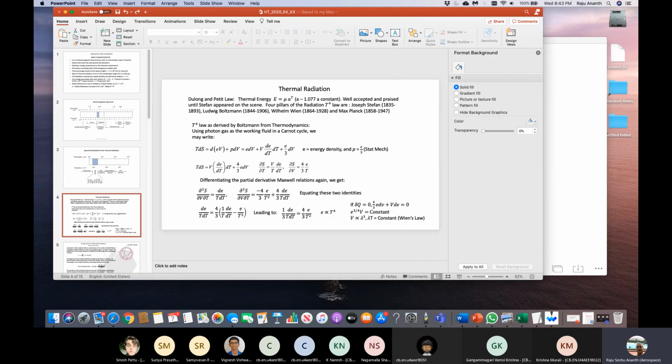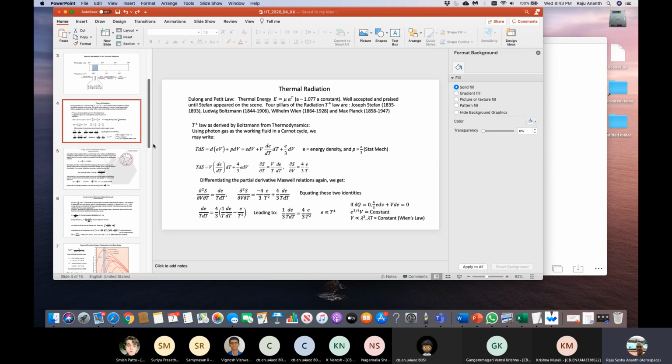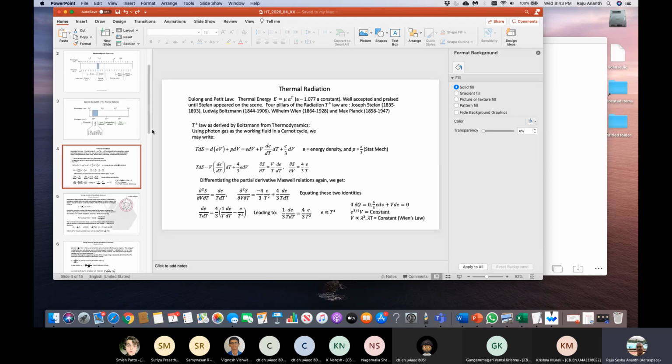So basically what we did is, Stefan's experimental results can be supported by thermodynamic argument. So he had a little bit more faith in it. But the problem was not completely solved because he still had some issues with the discreteness of this whole energy spectrum.